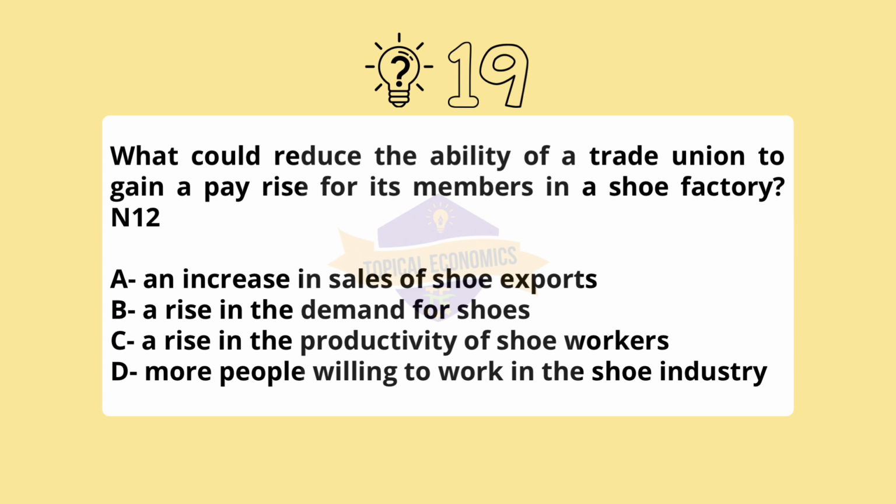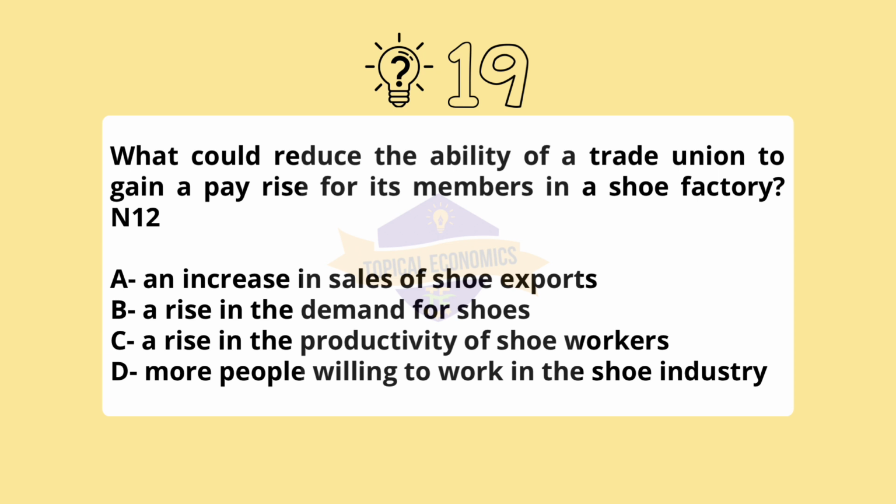Here, when there are more individuals willing to work in the shoe industry, the supply of labor increases. This can lead to a greater competition for jobs, which may weaken the bargaining power of the trade union. Employers might not feel pressured to grant pay rises if they have a larger pool of potential employees to choose from.